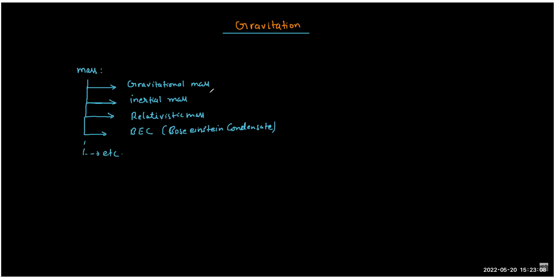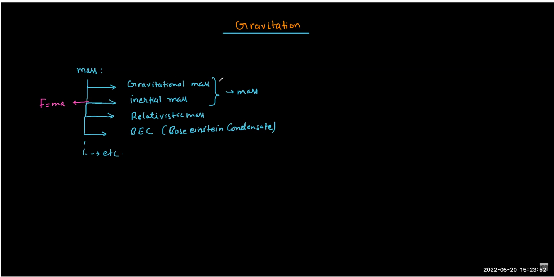So the gravitational mass and inertial mass, we call it mass. Earlier it was thought that these are different, but eventually Einstein proved that these are the same thing. You need not call it by a different name. So what is the inertial mass? In short, when you use the formula F equals ma, the Newton's laws of motion, the mass which comes as a part of this relation, we call inertial mass.